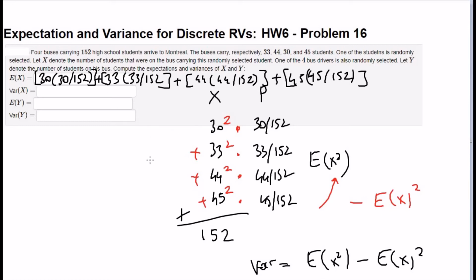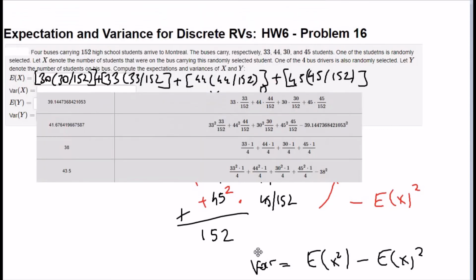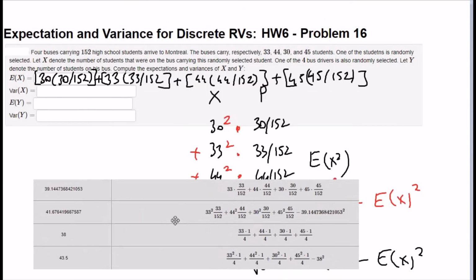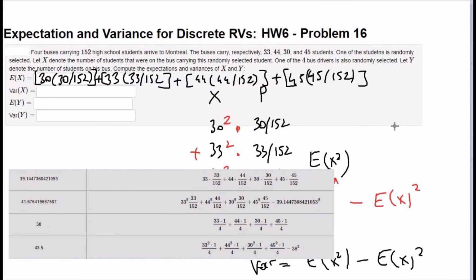Let me paste the table here and then we can work on that. So variance of x is, we calculate the expectation of x squared here by squaring each x value and multiplying it by the probability of those x values, minus the square of the expectation, which is 39.144. So we apply this formula.